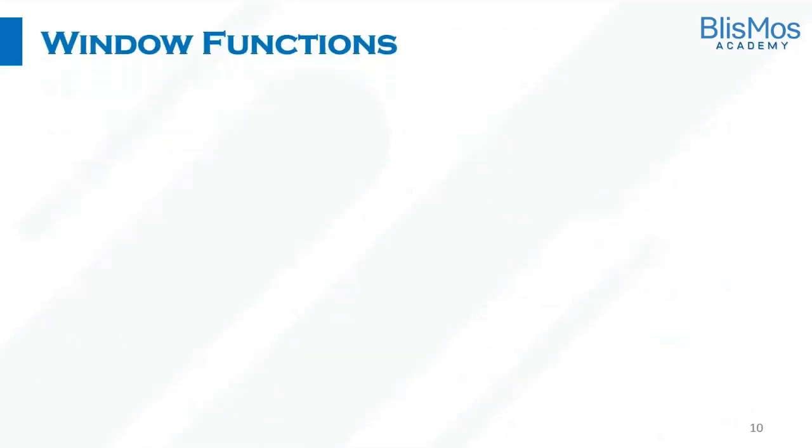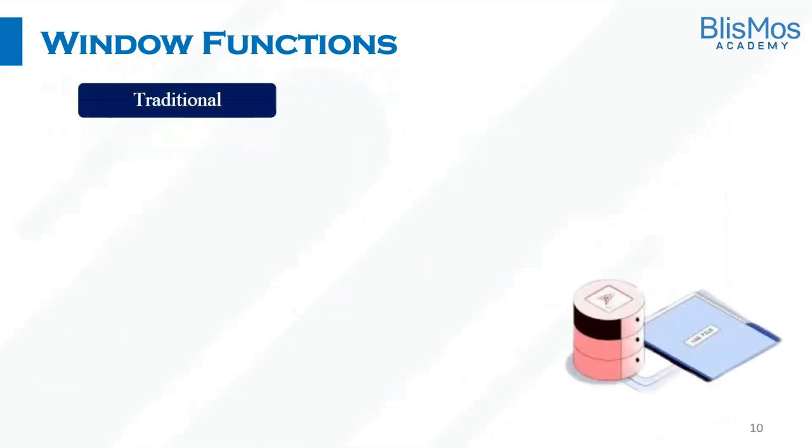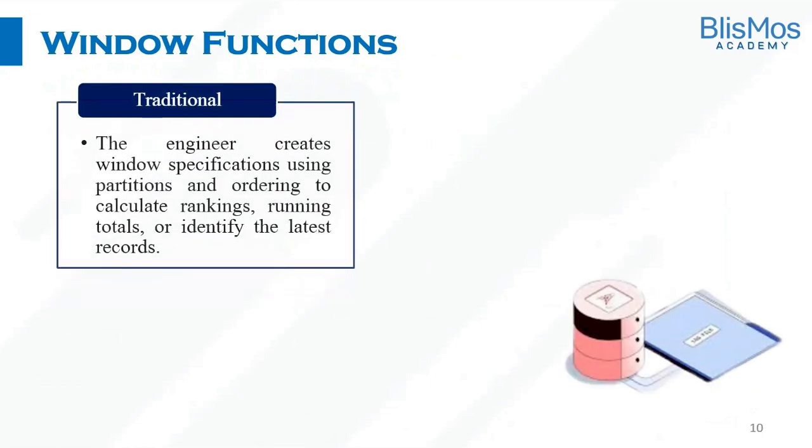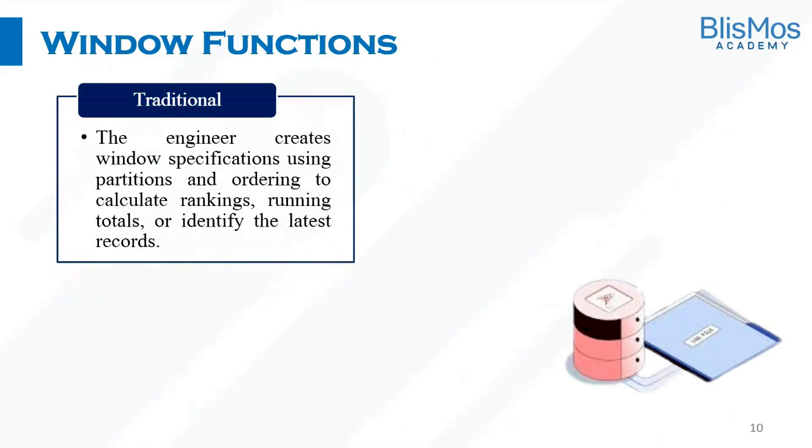Then window functions. Window functions are one of the complex functions within either SQL or PySpark. While writing the window functions, most of the data engineers will struggle. They have to use the partitions, they have to use the ordering to calculate the rankings, running totals, or identify the latest records. Most of the data engineers definitely struggle to create the window functions.